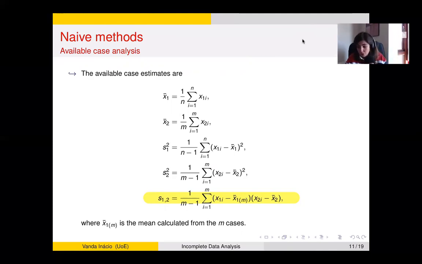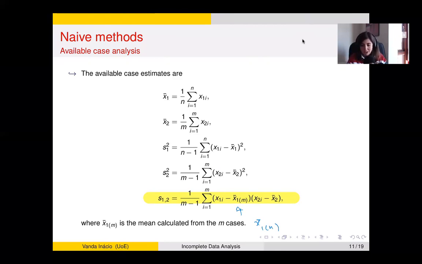You could still use, or there are software packages that compute the covariance matrix under an available case analysis, that do not use the first m individuals to compute the mean of x1, but use the complete information to compute the mean and plug it into the expression of the sample covariance.